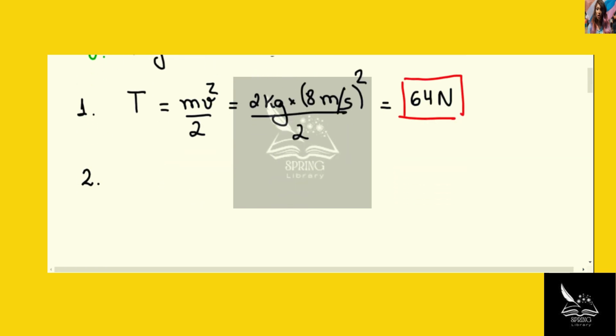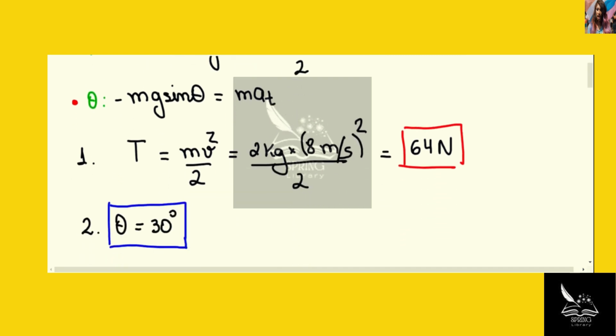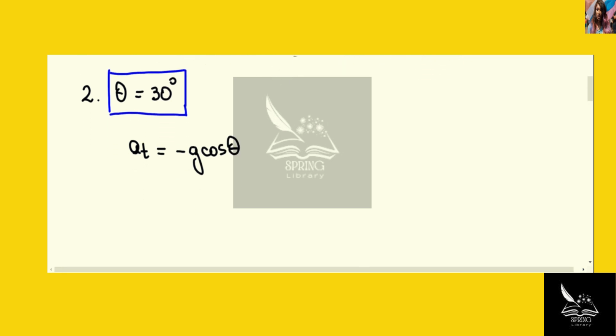Now, when theta is equal to 30, things get a little bit more complicated, and the process is a little lengthier, so let's start. I'm going to start with the equation for the theta coordinate, where we have that a_t, the tangential acceleration, is equal to minus g times the cosine of theta. Notice that a_t is dv/dt, and I'm going to multiply it by v.